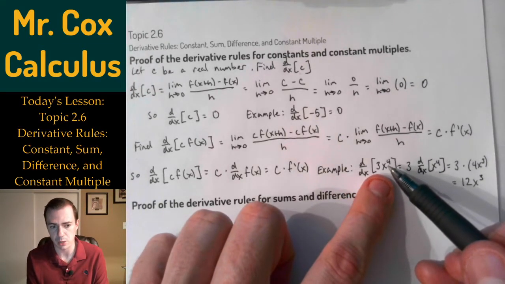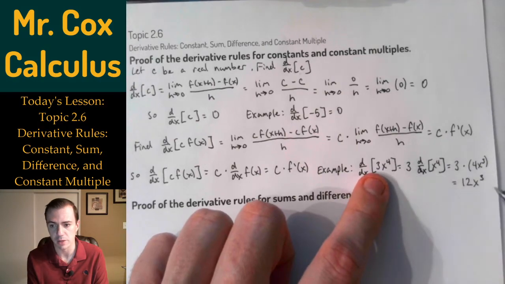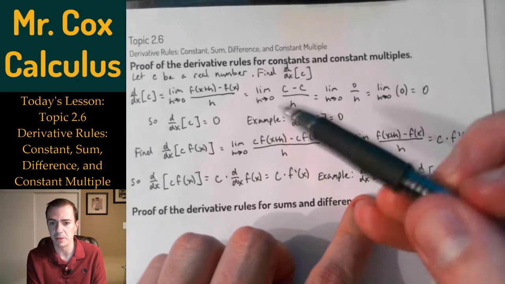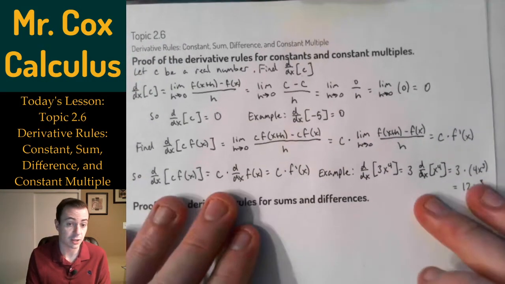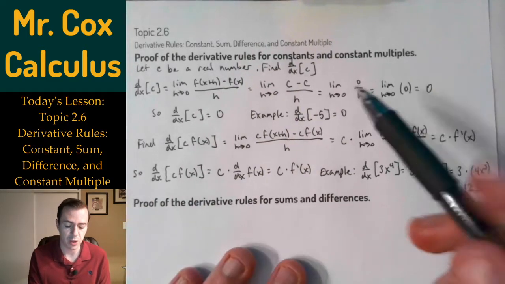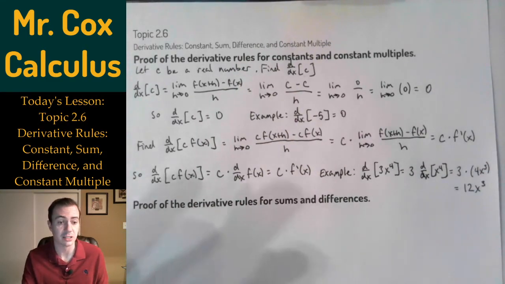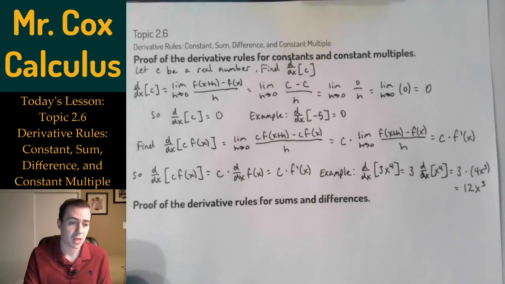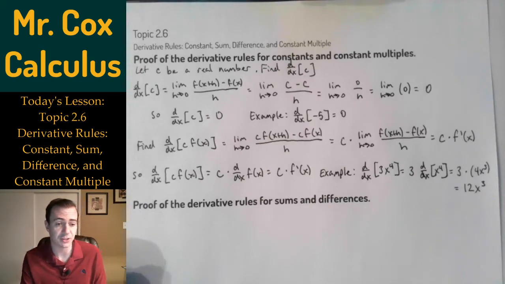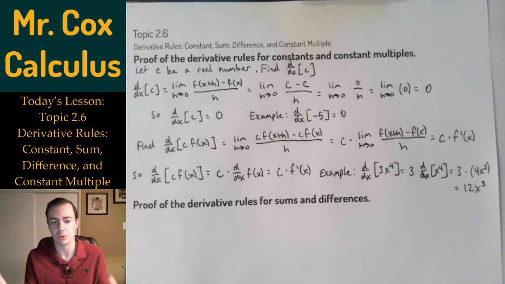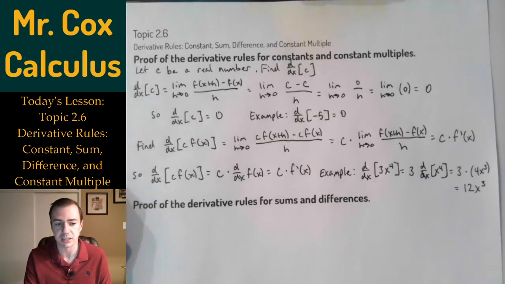We're going to be able to pretty quickly go from 3x to the fourth to 12x cubed. That's the rule that allows us to do that. And we also have the fact that the derivative of a constant is equal to 0. After we look at sums and differences, we'll add all of these rules we've learned between 2.5 and 2.6, and we'll start taking the derivatives of some polynomial functions.